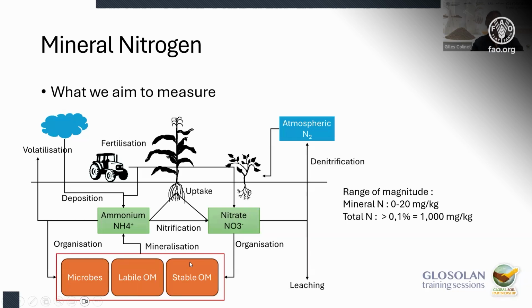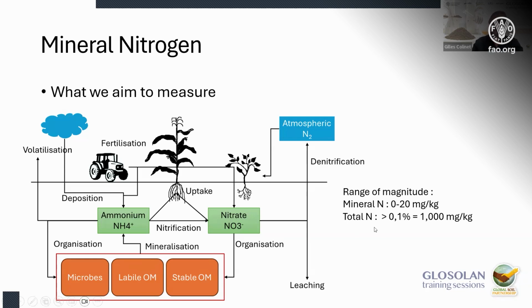But there are other forms of nitrogen in the soils, which are the organic nitrogen with the microbes and the organic matter, the labile and stable forms of organic matter.